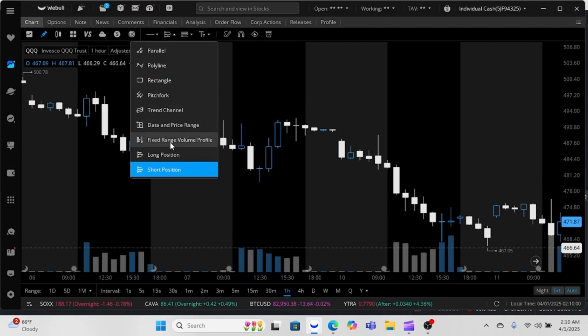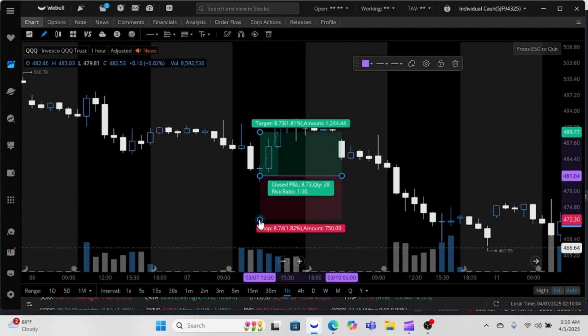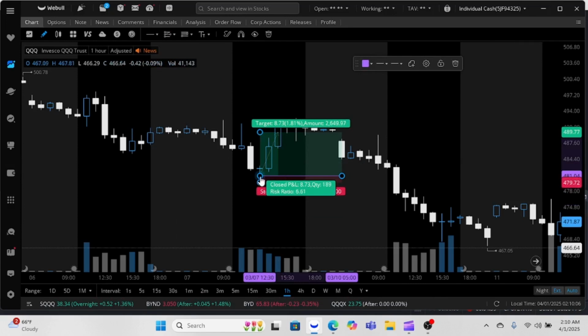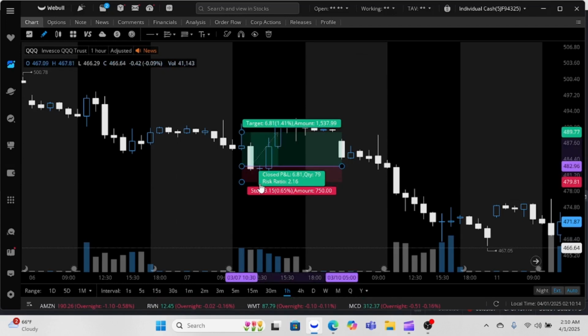let me bring up this tool. So think of this red area as if price went below this, they would want to get out of the position.